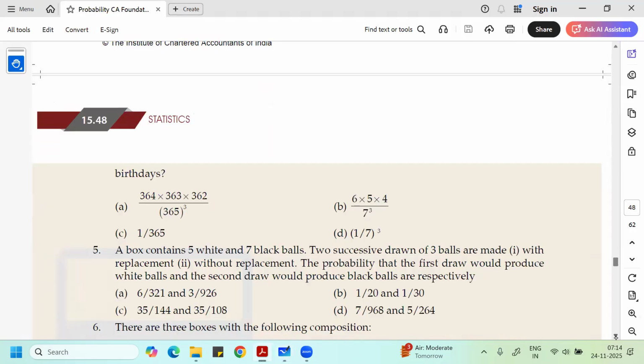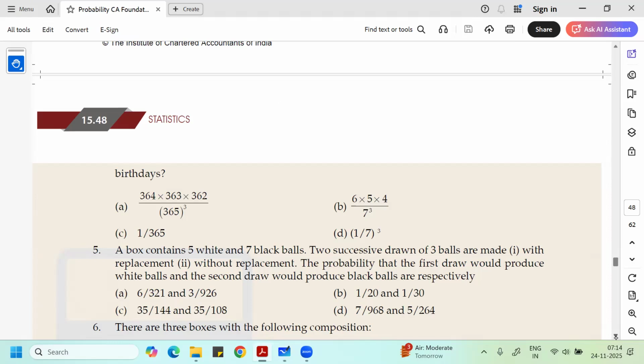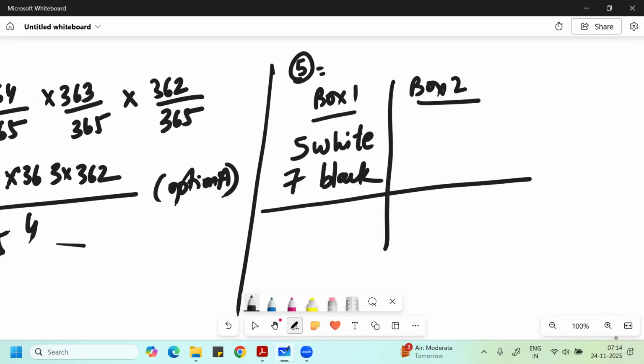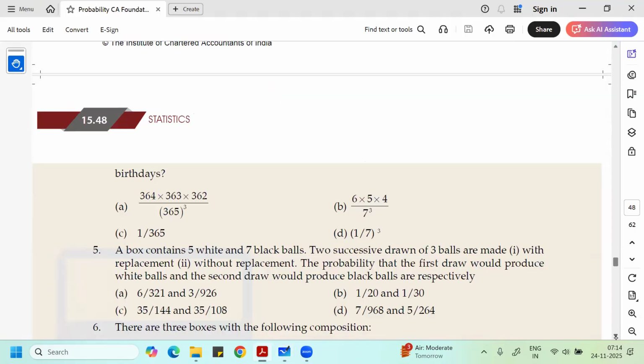A box contains 5 white and 7 black balls.